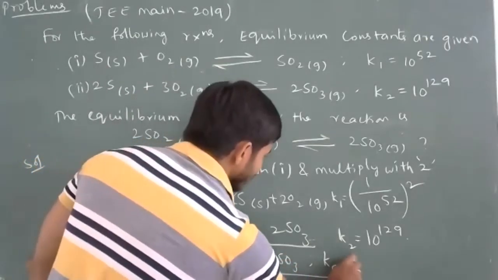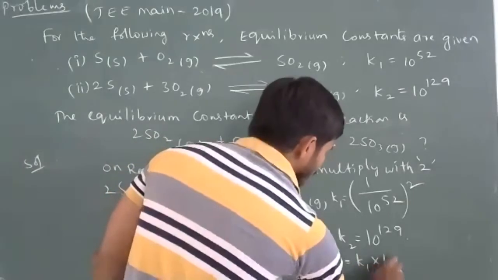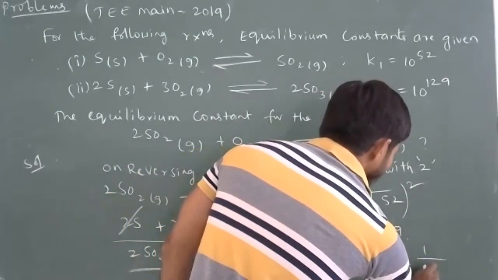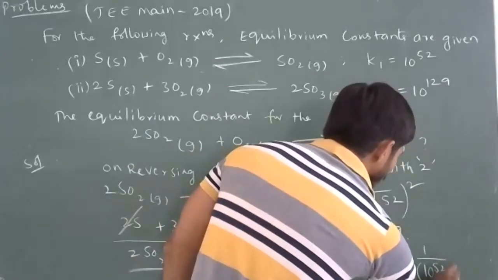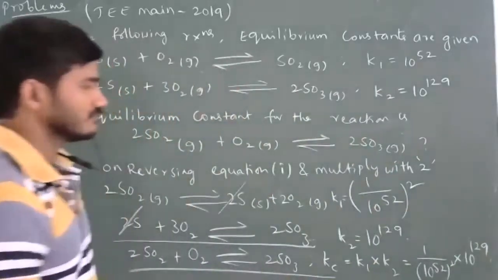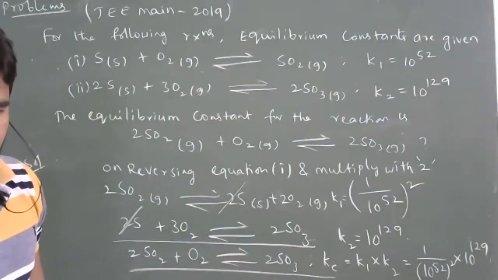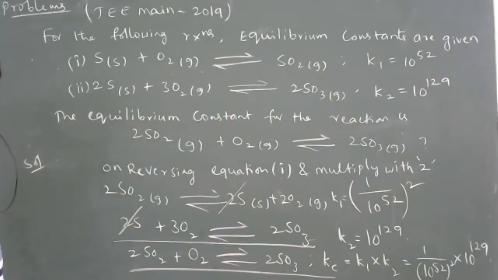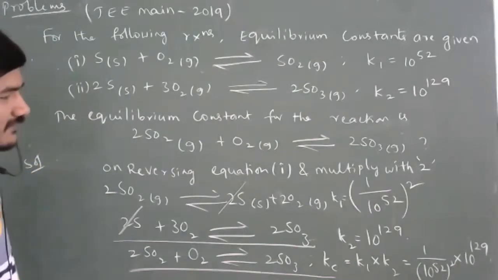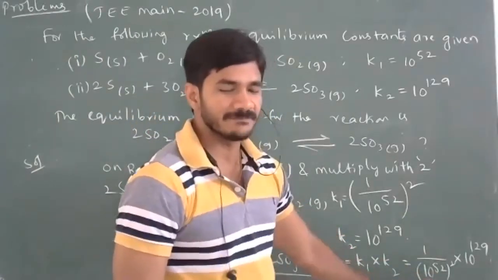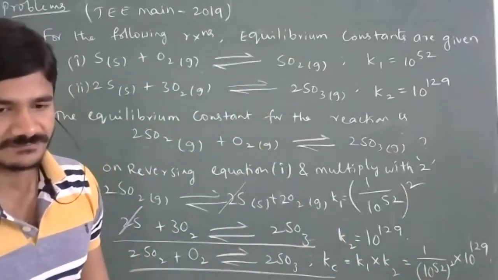The equilibrium constant is K1 into K2, that is 1 by 10 power 52 whole square into 10 power 129. Simplify this: 10 power 52 whole square means 10 power 104.